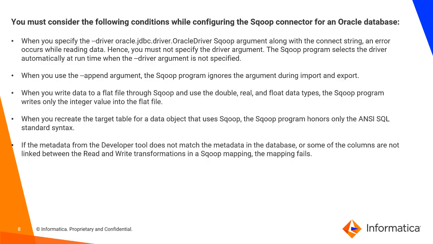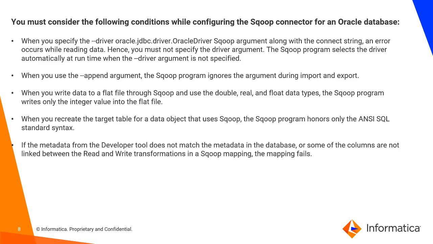Now, the things to keep in mind when you are configuring the Sqoop connector for Oracle databases: when you specify the driver oracle.jdbc.driver.OracleDriver as a Sqoop argument along with the connection string, an error might occur while reading the data. Hence you should not specify the driver argument, because the Sqoop program selects the driver automatically at runtime when the driver argument is not specified.